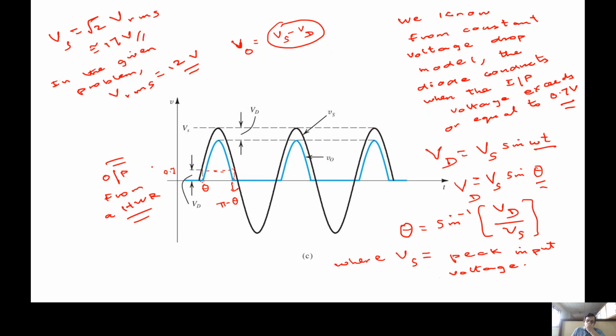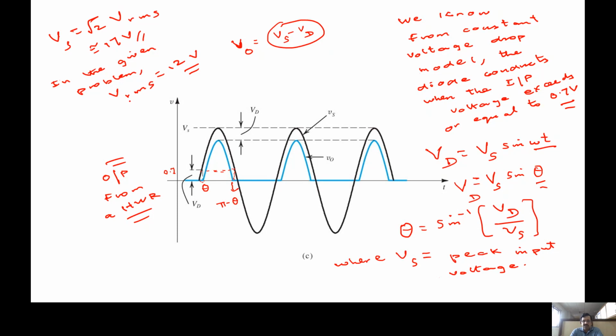So that is the input. Now think about it, the input voltage is 17 volt and we are forming a half-wave rectifier. You have to keep remembering these numbers so that we can understand the output with respect to the input.